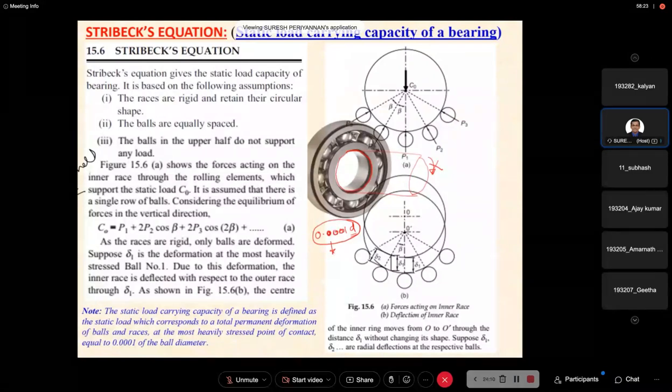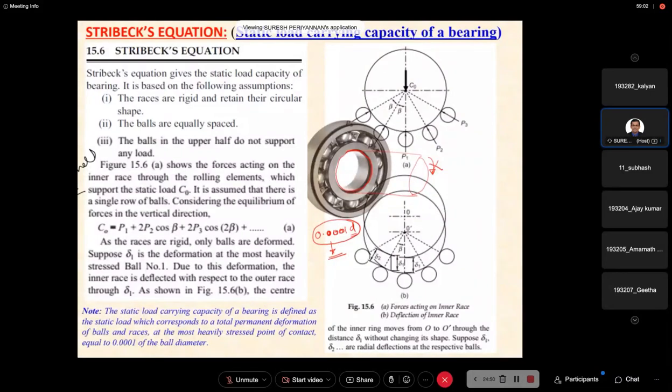Beyond that, if the deformation is more than this, there will be more noise and more vibration. Please keep in mind, this is the relation we are going to use while solving problems. The value of static load carrying capacity will be given in our design table or the manufacturer catalog, and we can take it from there.